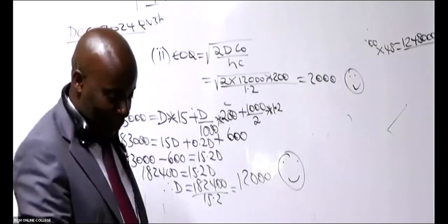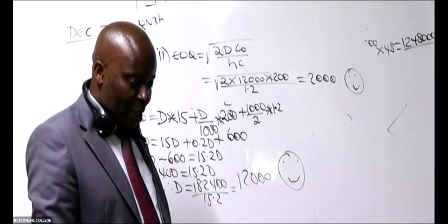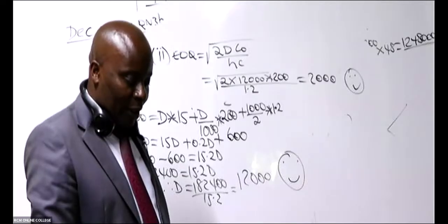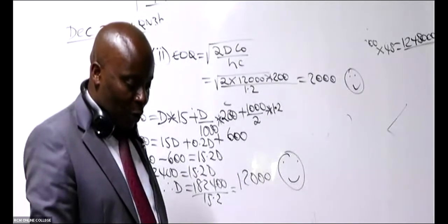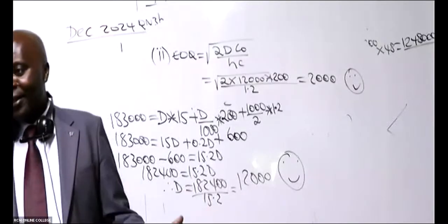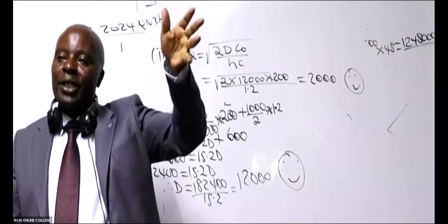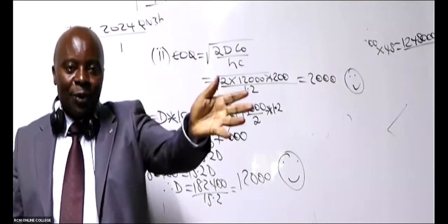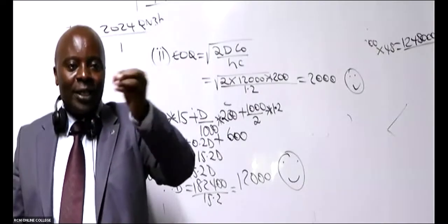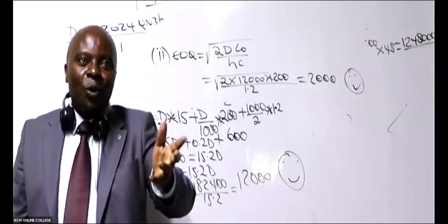Roman 3: using your answers in B2 above, calculate the revised annual total inventory cost of stock items ZO. So they want us to give the TC for the EOQ now, because for the old policy we had 183,000. Now we need to get TC for the new EOQ model and then compare which one is better.